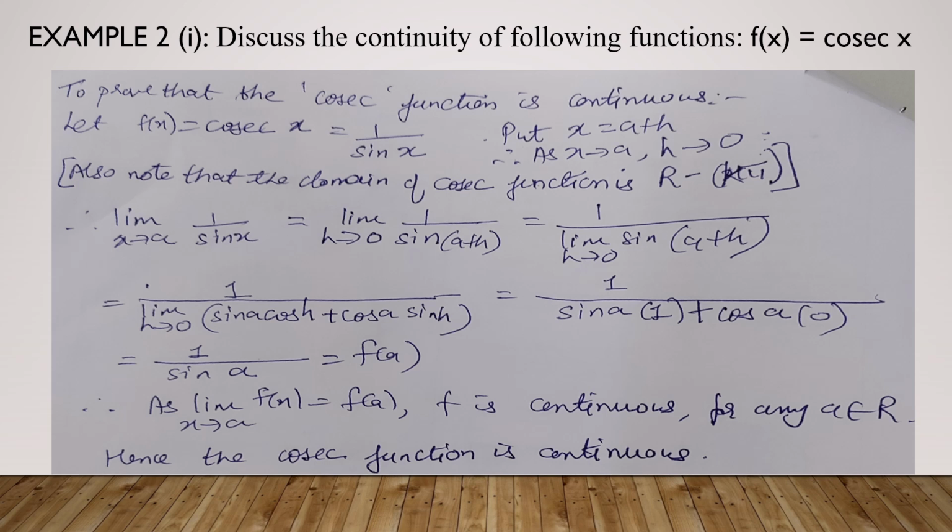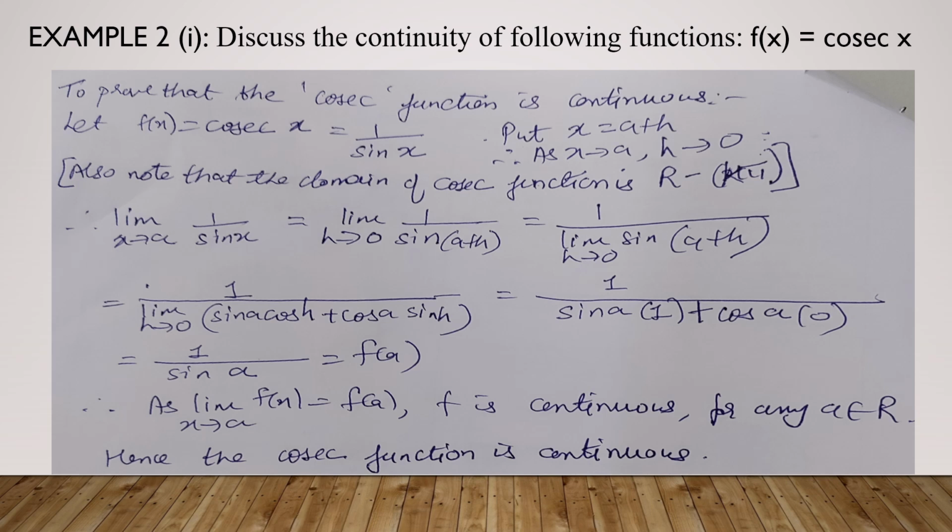Example 2. Discuss the continuity of the function f(x) is equal to cosec x. So these are the trigonometric functions. Now first of all, f(x) is equal to cosec x means 1 upon sin x, correct. Now put x is equal to a plus h. That means when your x will tend to a, what will your h? h will tend to 0, correct.